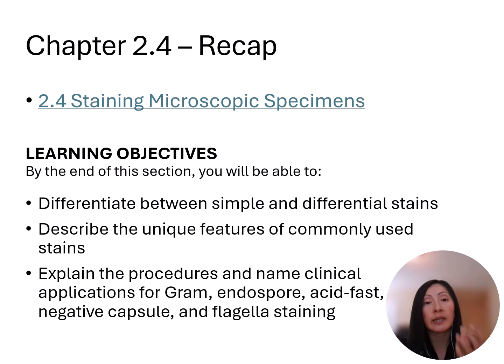Decolorizer was acid alcohol, and acid-fast positive cells will retain carbolfuchsin. For acid-fast negative cells, the acid alcohol will wash out the stain, and those cells will appear clear. The counterstain for the acid-fast stain was methylene blue. Methylene blue will not stain acid-fast positive cells. Remember, those are resistant to most stains because of that waxy layer, but methylene blue will stain the acid-fast negative cells. So in the end, for acid-fast staining, positive cells will appear pink, acid-fast negative cells will be blue.